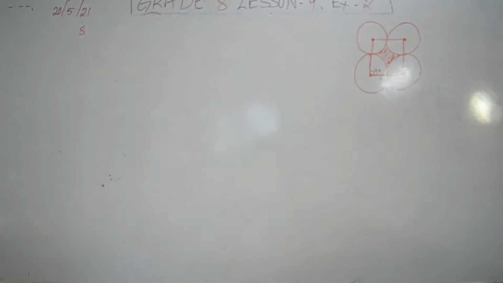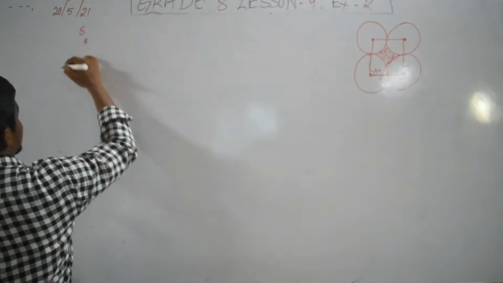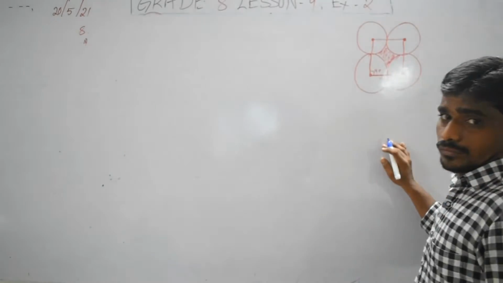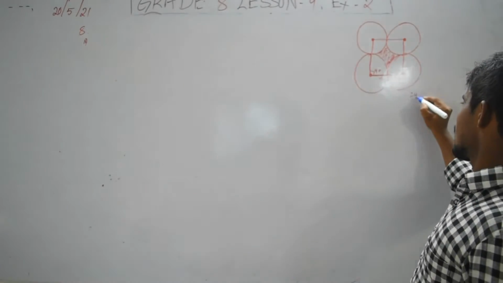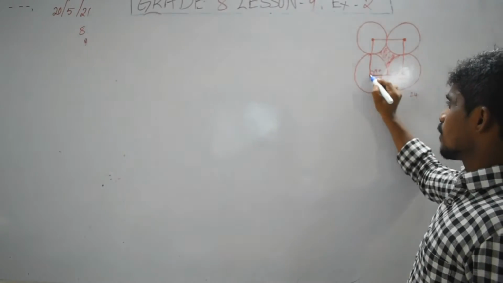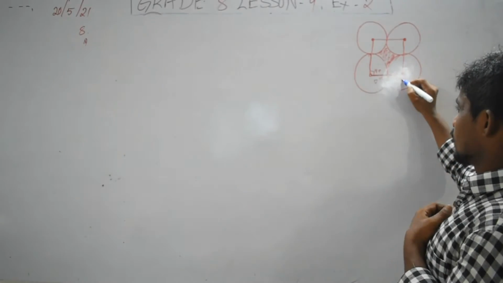Here, the next one, the eighth one, second question. Here 24 centimeters; from here to here is 12, and here to here 12.